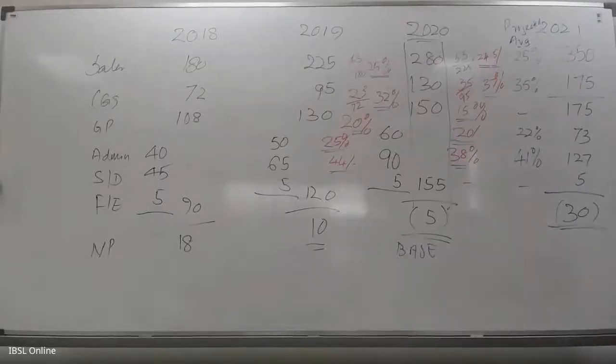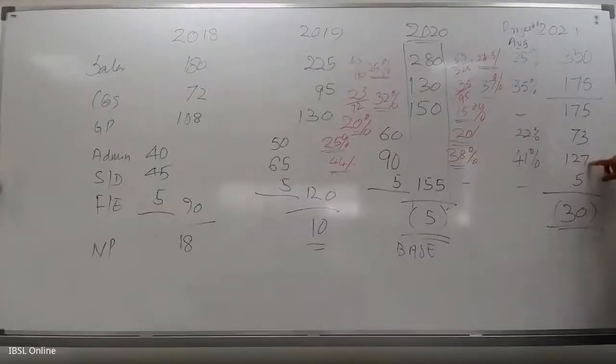So the total of the net profit is 25, is it? Which one? Here? The year we have calculated, 2021. The net profit is 25, is it? It's 30, no?